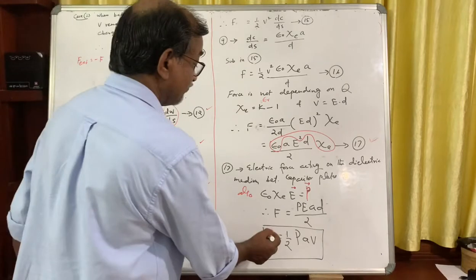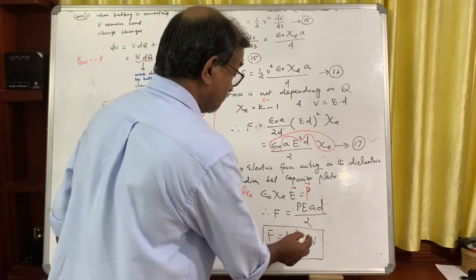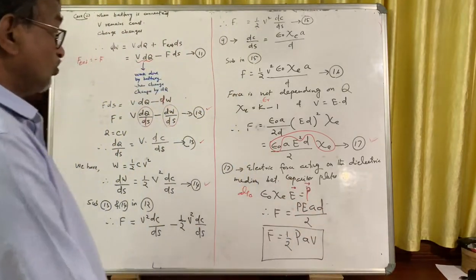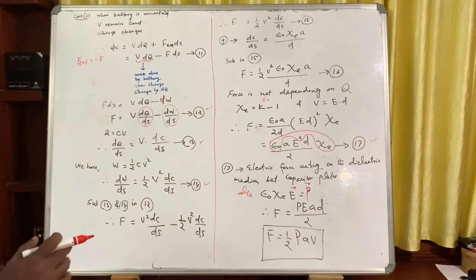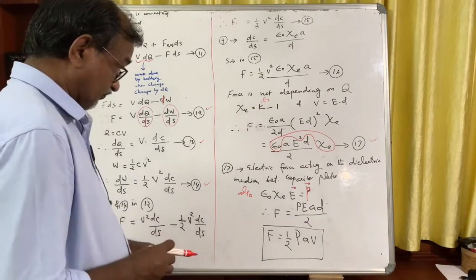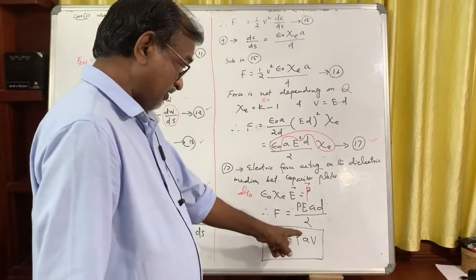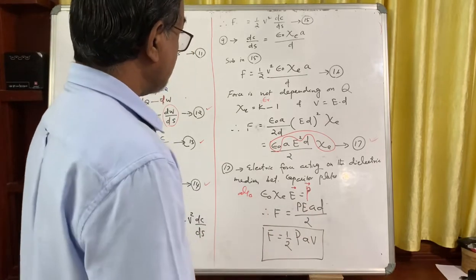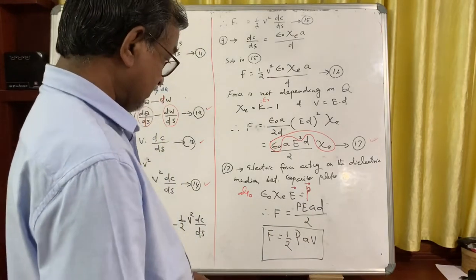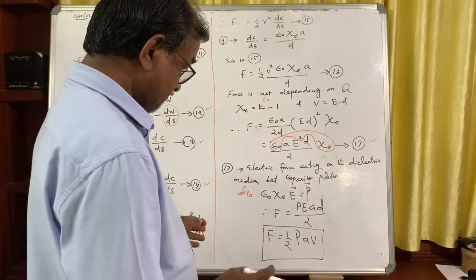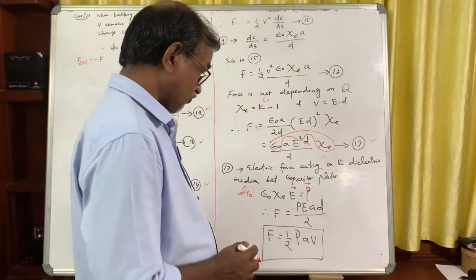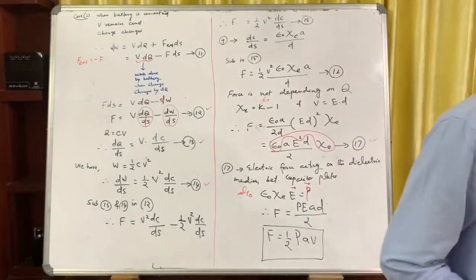So finally F is equal to half P A V is the force acting on the system. That is F is equal to half P A V, where P is the polarization and A is the area and V is the PD.